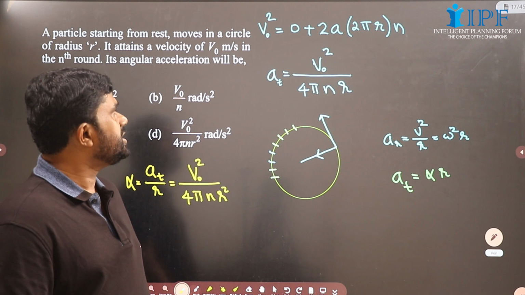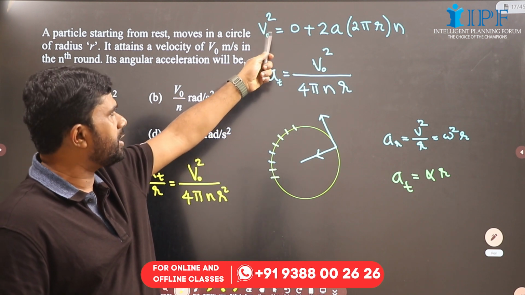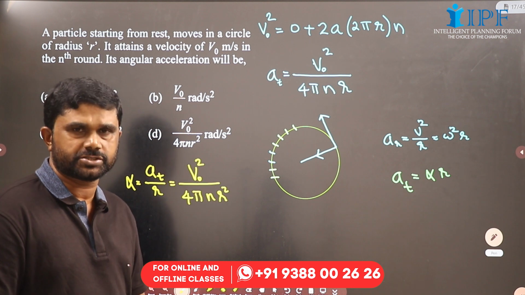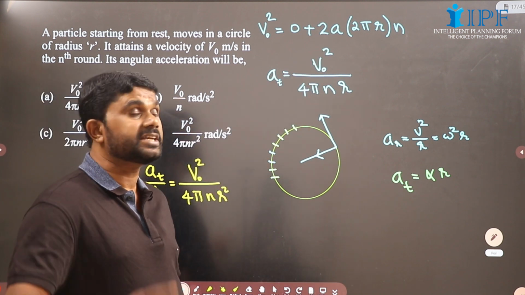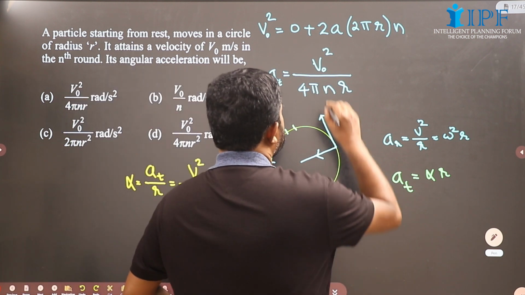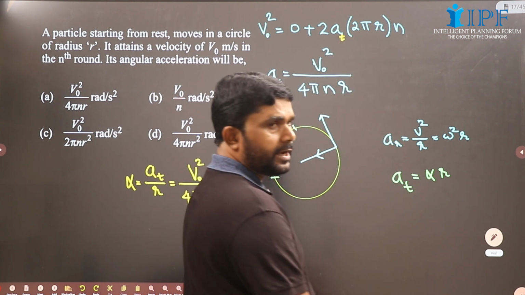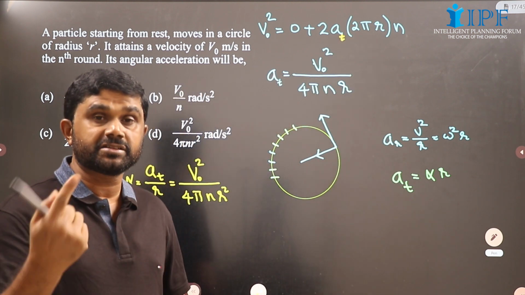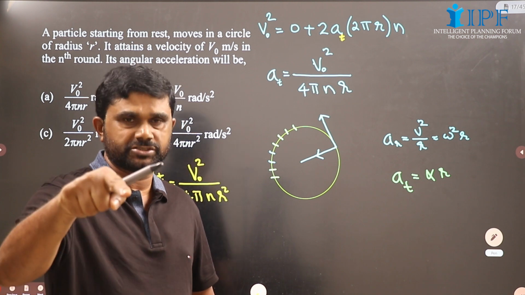This is the velocity after the nth round, v0 square. The particle starts from rest, so u square is 0, then 2 into a, where a is the tangential acceleration, a with the suffix t. The displacement after the nth round will be 2 pi r into n along the tangents.